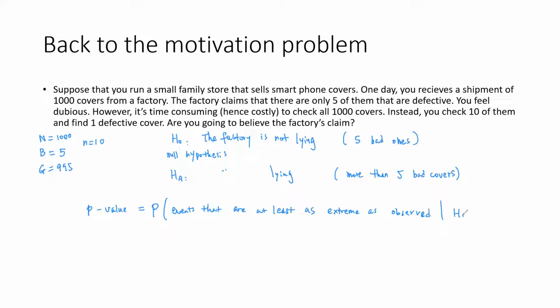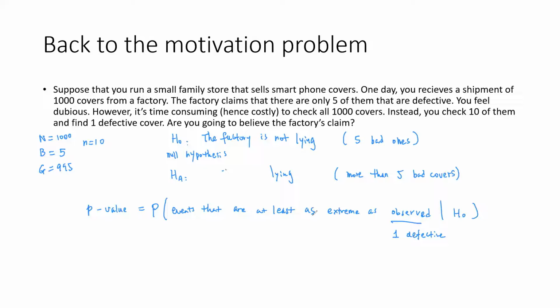Given that H0 is true, assuming the factory is not lying, that's the status quo, H0. Based on that, we're looking for the probability that the events are at least as extreme as observed. Observed here, you have one. You found one defective, so that's one bad cover.